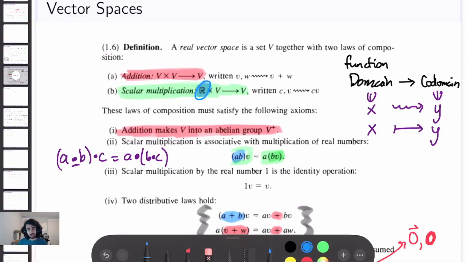Roughly speaking, everything that is true for the real numbers is also true for fields. So if you ever find yourself getting lost in the abstraction, I would definitely recommend that this is a great place to cut down one level and say, okay, instead of thinking about any vector space, I'm just going to think about real vector spaces.